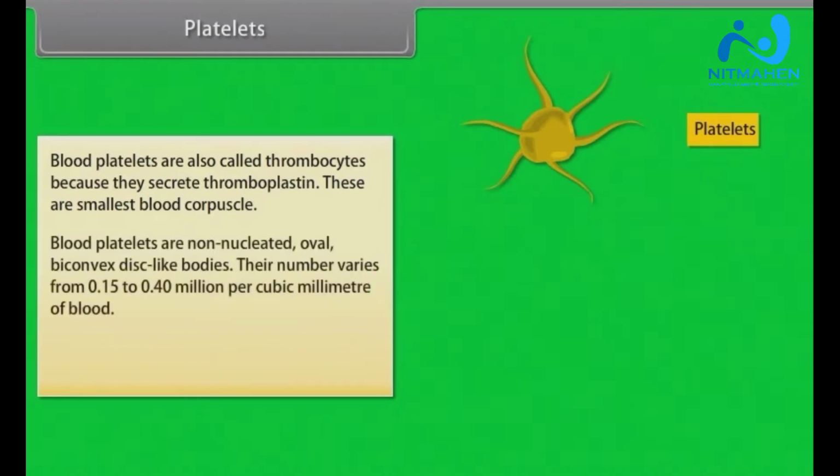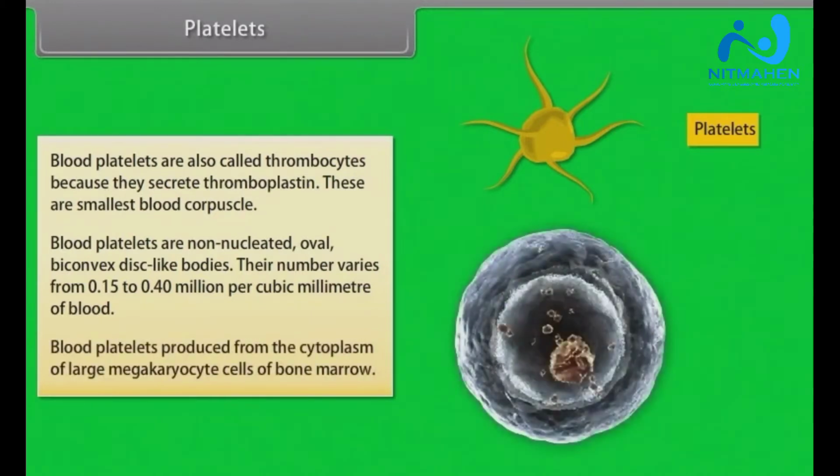Blood platelets are non-nucleated, oval, biconvex disc-like bodies. Their number varies from 0.15 to 0.40 million per cubic millimeter of blood. Blood platelets are produced from the cytoplasm of large megakaryocyte cells of bone marrow.